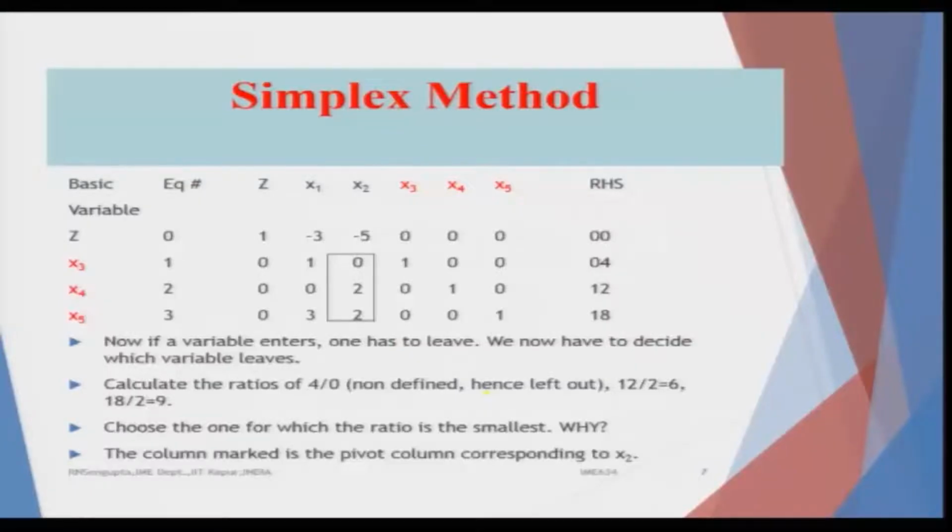So, you will take the minimum value, and the one who is entering would give the maximum credit to the objective function, hence its increase would be maximum. That is why x2 enters and the leaving one would be the one with the lowest ratio.